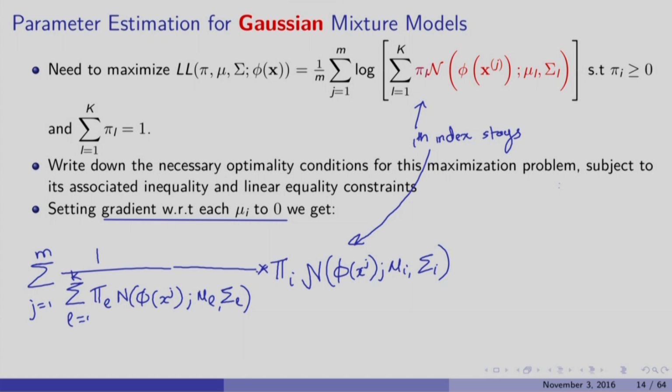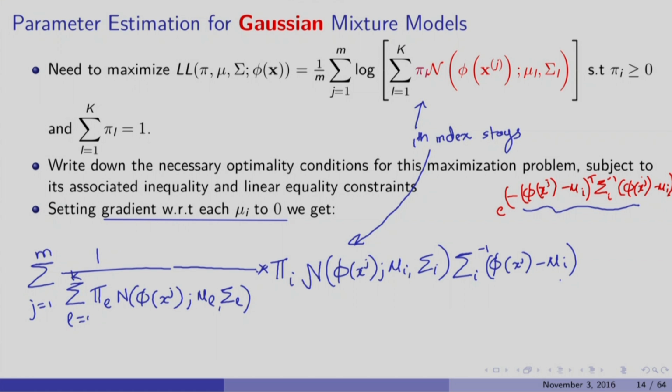So the third component we are interested in is this: minus of (phi(x_j) minus mu_i) transpose sigma_i inverse (phi(x_j) minus mu_i). So taking the gradient we will basically have the last two terms, which means sigma_i inverse (phi(x_j) minus mu_i).